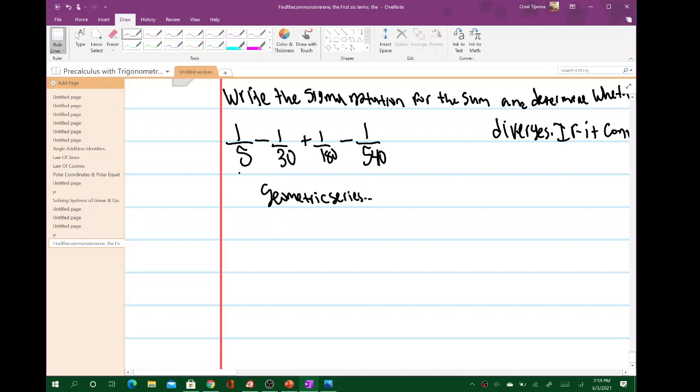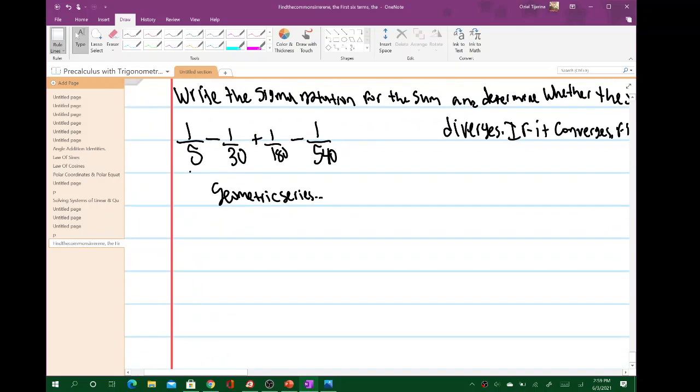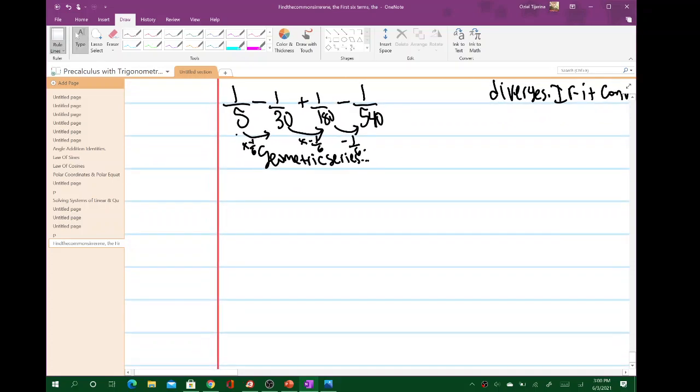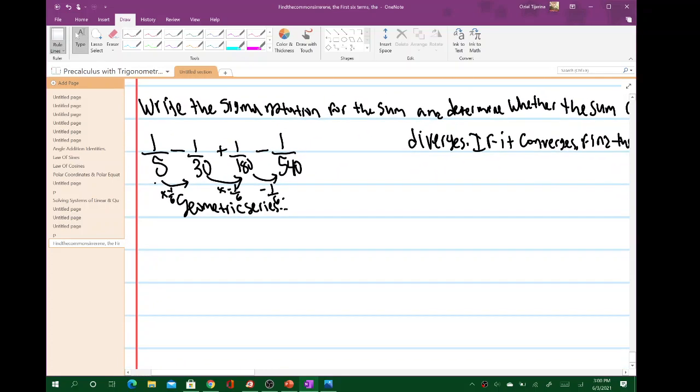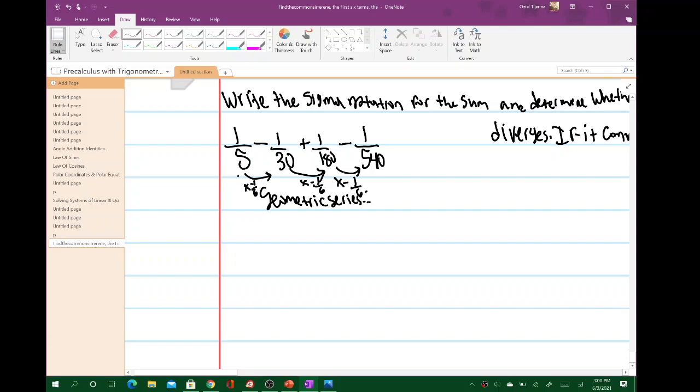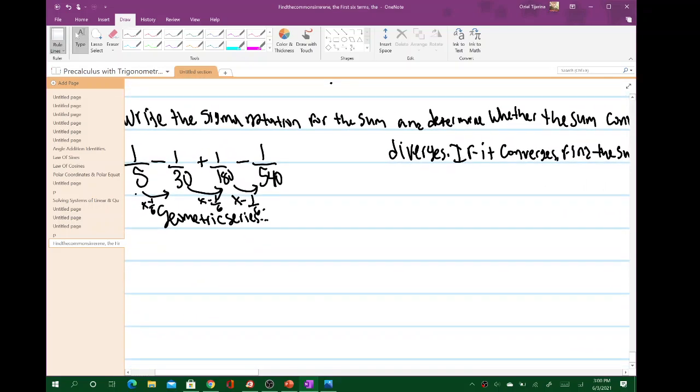What that means is we're multiplying times negative 1/6, if you think about it. That's what we're multiplying by each time.